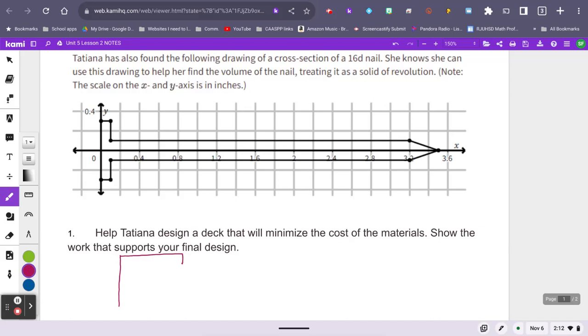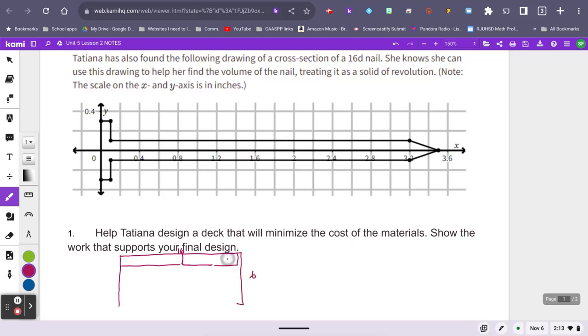For the decking, we probably want to keep it in 8-foot increments. So if we did two 8-foot planks, we can make 16. And we know we want the whole thing to be 96 square feet. When we divide 96 by 16, we get 6 feet. That means here to here would be 6 feet.